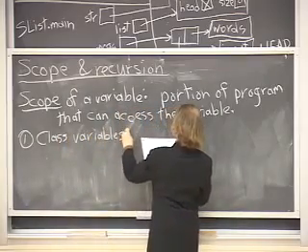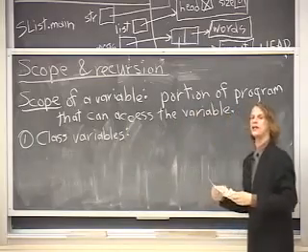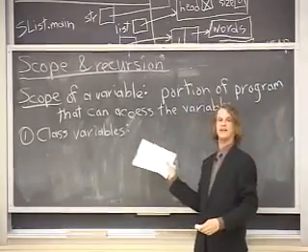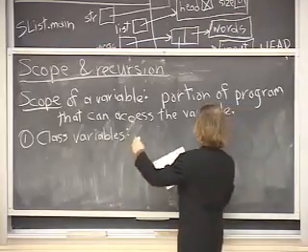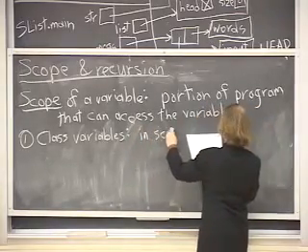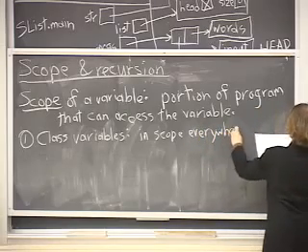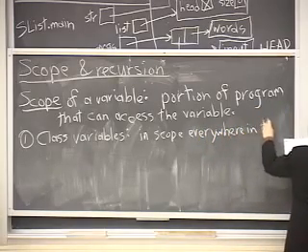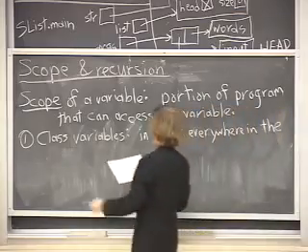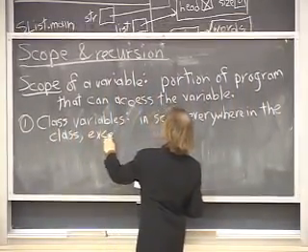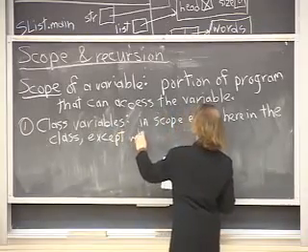First of all, let's look at a class variable like number of humans. Remember, class variables mean static fields. These are in scope everywhere in the class except when they are overridden by local variables.